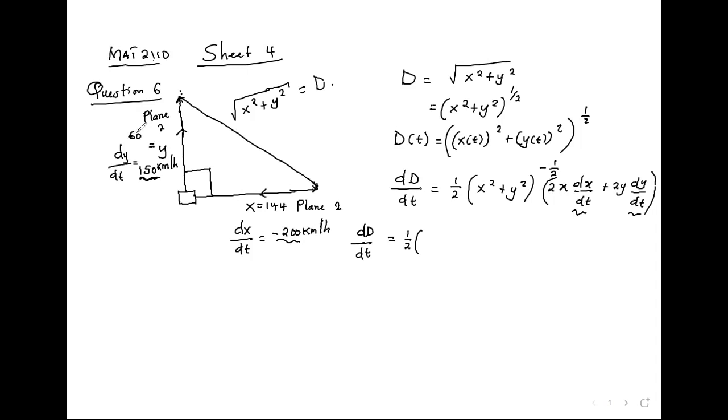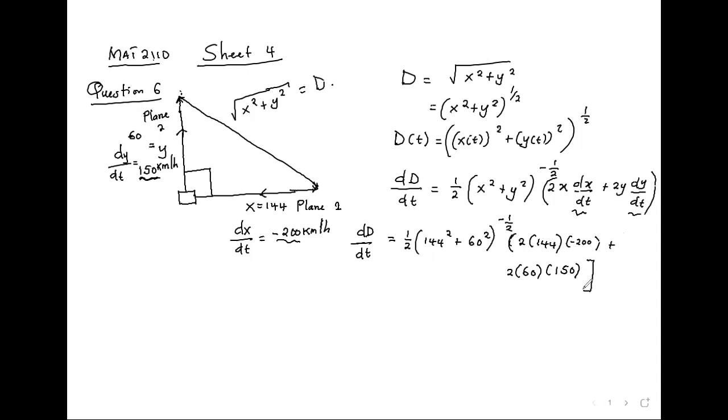So we get back here now and say, okay, so x is 144. So 144 squared plus y, 60 squared, negative half. And then 2 times 144, and dx/dt is negative 200, plus 2y, y is 60, and dy/dt is 150.